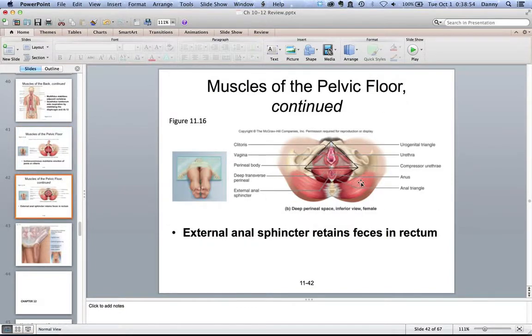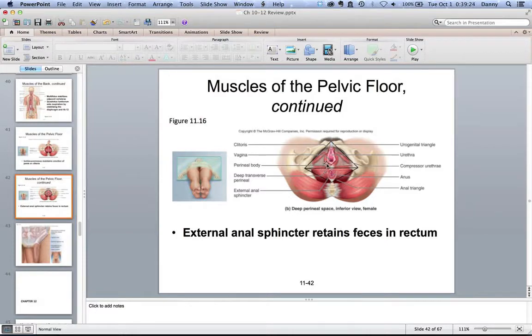And if you look at the female cartoon here, you're going to see there's a deep transverse perineal, and there's also the perineal body. One thing that happens during childbirth is that you can get tearing in this area, and you try to minimize the damage that tearing does. Really what you're trying to do is minimize the damage to the perineal body, and you do that through a procedure called an episiotomy, which is essentially a cut that's made typically at a diagonal angle.